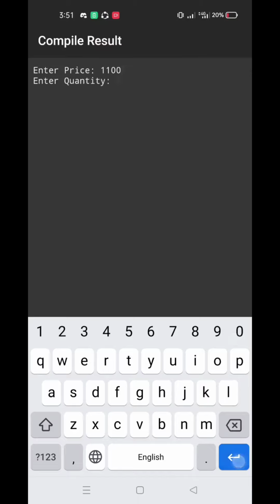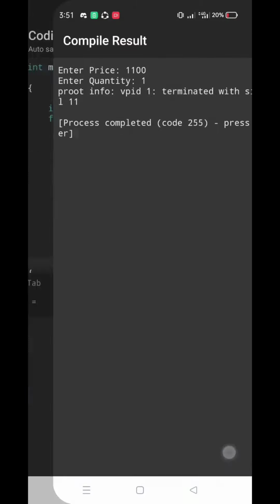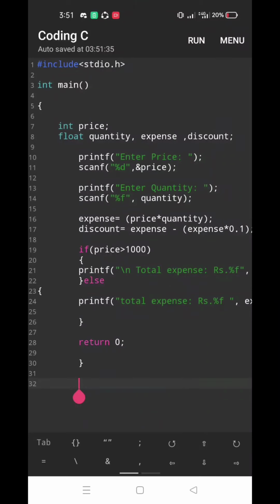Let's say 1,100. Quantity 1. I think we have an error here.